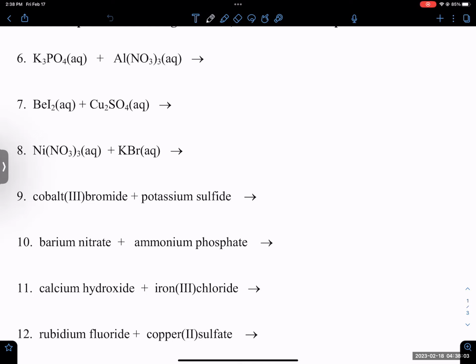Yeah, so all you have to do is figure out the reaction, what happens. So zinc iodide with potassium carbonate, you should get potassium iodide. Find the limiting reactant, and then you need to find the excess. Look, potassium iodide is soluble.